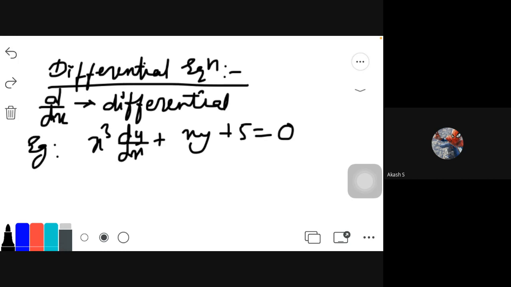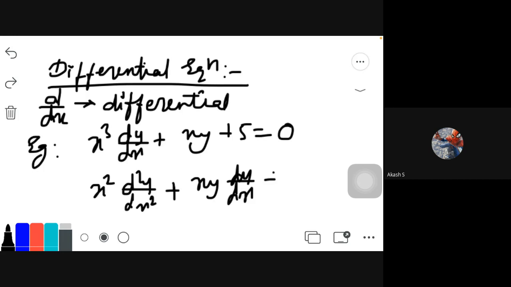Up till now, the equations we have seen were in terms of x and y only, or maybe z. But we did not have any equation in a form like this. Suppose I am writing something like this: x square d2y by dx square plus xy dy by dx plus 6 equal to 0.